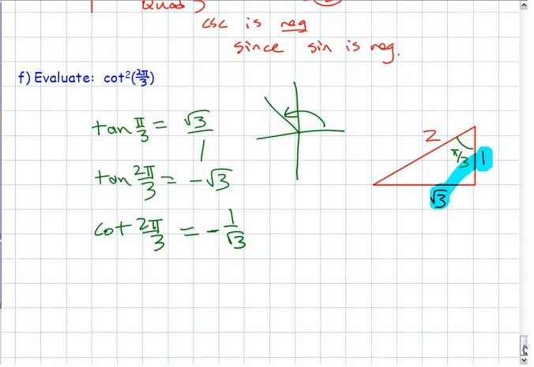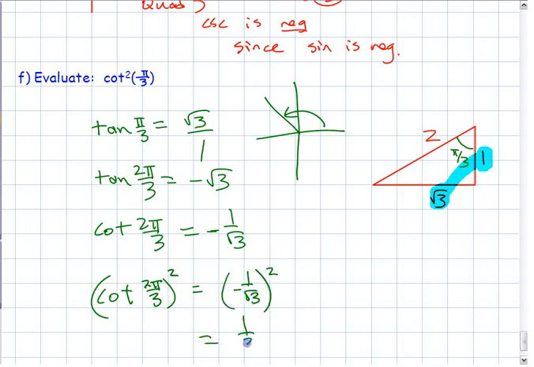And we want it to be squared now, right? So we need to know what this is squared. Cotangent 2 pi over 3 squared is just that number squared, 1 over root 3 squared, which is going to be positive 1/3. That little thing just means figure out the ratio first, and then square it. All right, good luck with all the studying.